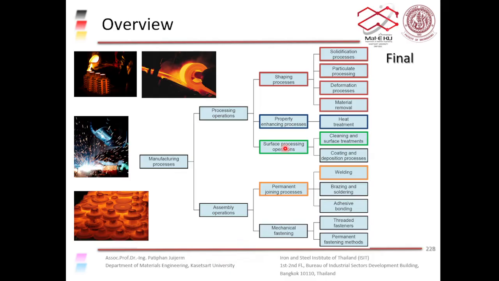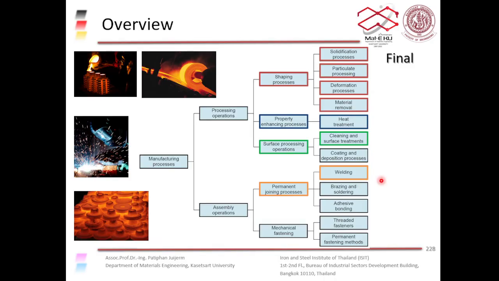Okay, so all these processing operations give you different components, and in the end, you have to put those components together. Right? You can do that by either permanent joining processes like welding, brazing, or adhesive bonding. So these are the processes that you join them together permanently, or you can do it using mechanical fastening like nuts and bolts and threaded fasteners, etc. In this class, we will look at just the welding.